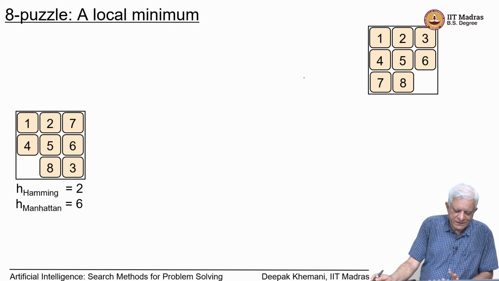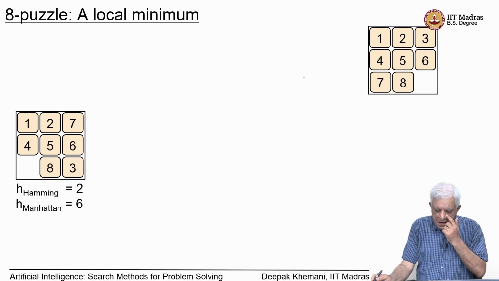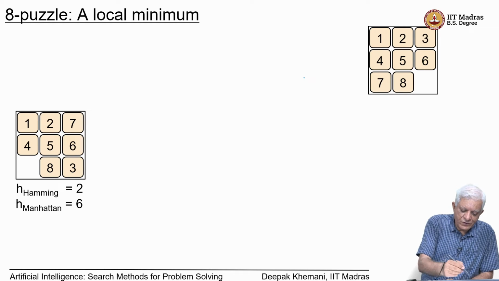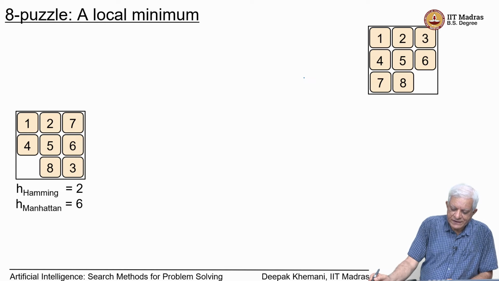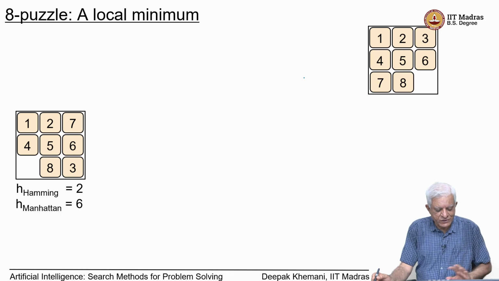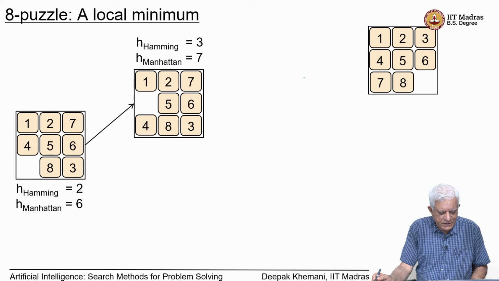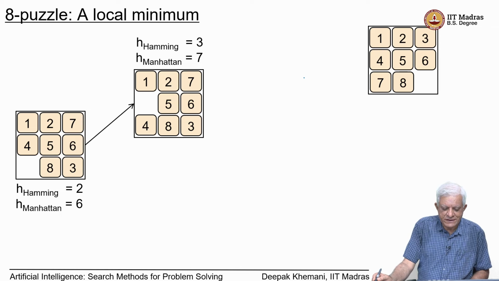So, that is why the Hamming distance is 2 essentially. And if you look at the distances of how much 3 and 7 need to traverse, 3 needs to make 2 moves to go to its correct position, and 7 needs to make 4 moves to come to its correct position. So, its Manhattan distance is 6. So, these are the two heuristic functions that we have defined essentially.